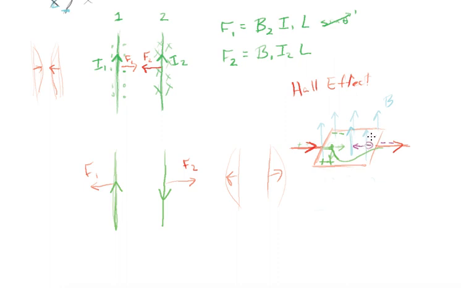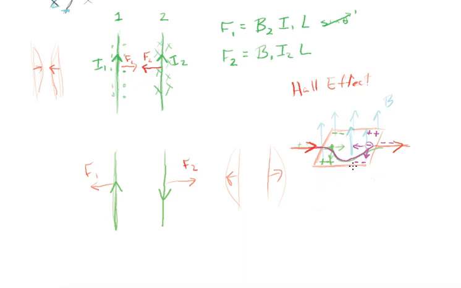But since this is a negative charge, the force on it is actually in the other direction. Remember, you have to flip it around when you have a negative charge, which means the negative charges are going to flow down toward this side before ever going back out. You'll end up with a negative charge on this side of the plate and a positive charge on this side of the plate. And so this experiment should tell us which it is.